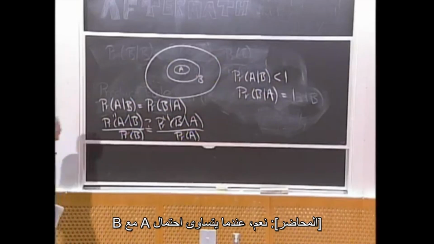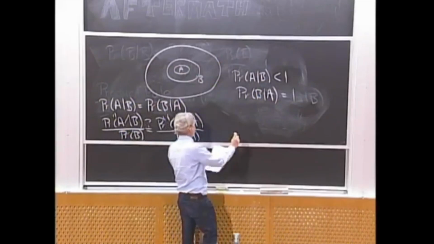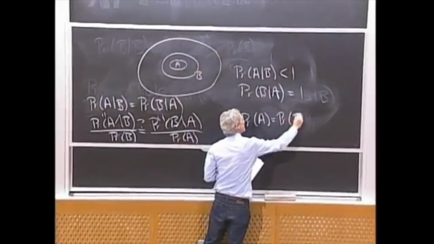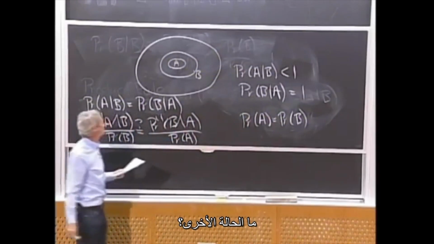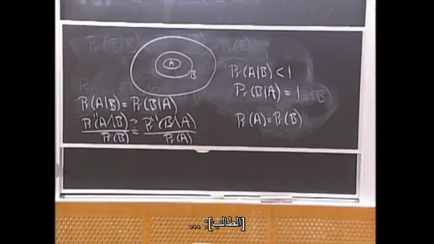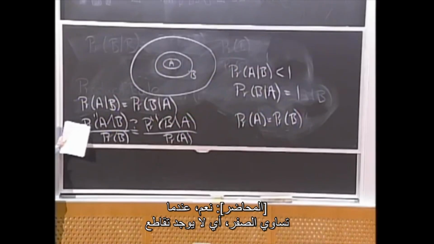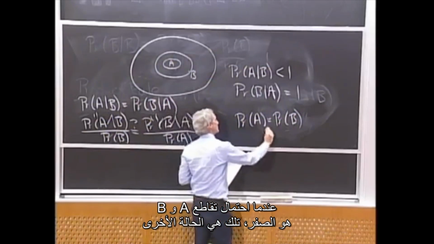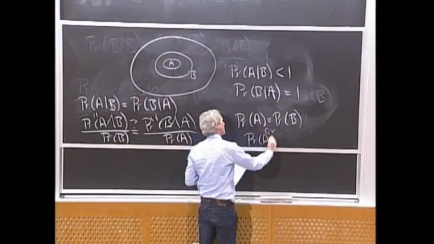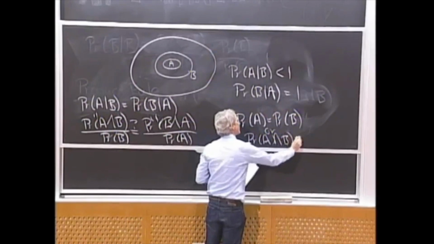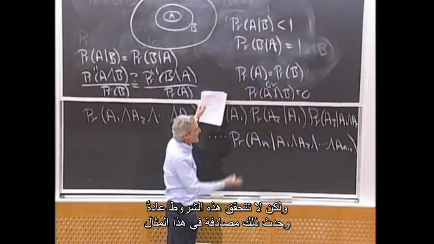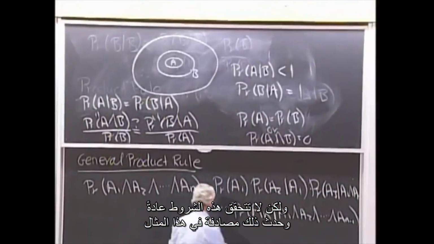Yeah, when the probability of A equals the probability of B. All right, so that's one case. What's the other case? Yeah, when it's 0. There's no intersection. The probability of A intersect B is 0. That's the other case. All right, but usually these conditions won't apply. They just happen to in this example by coincidence.